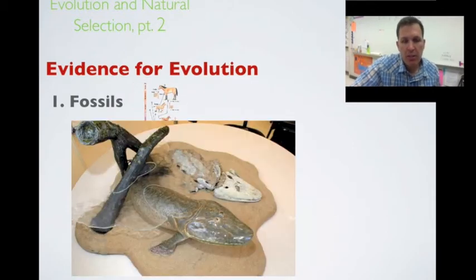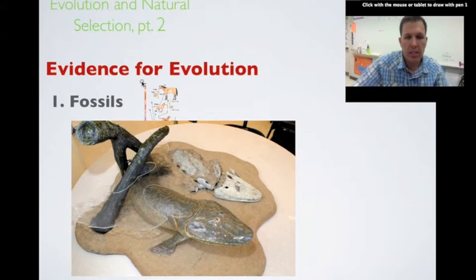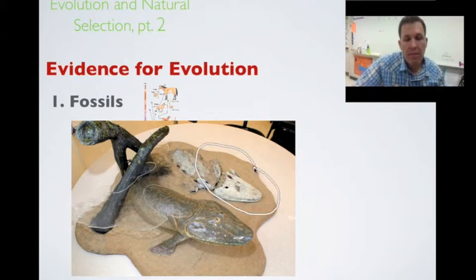Here's another cool picture. This is something called a Tiktaalik, and this was found in northern Canada, and it's one of the first amphibians. So at the top, you see here, they found this fossil.